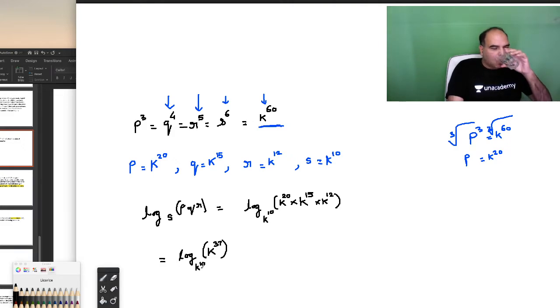And this can then be written as 1 by 10 into 37 log K to the base K. And since log K to the base K is 1, the value of this becomes 37 by 10.